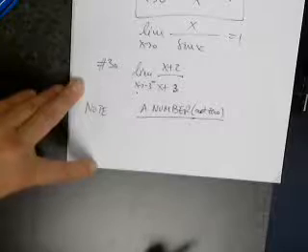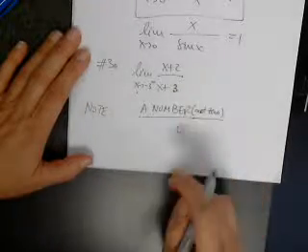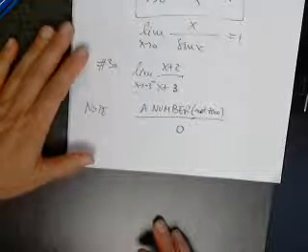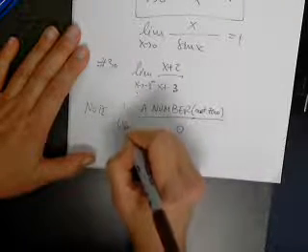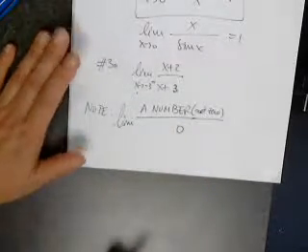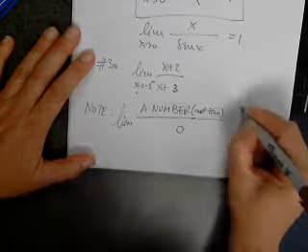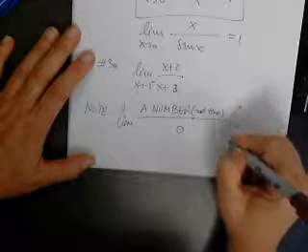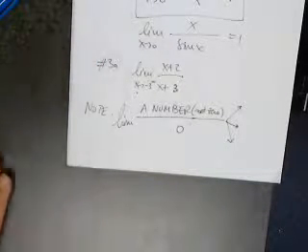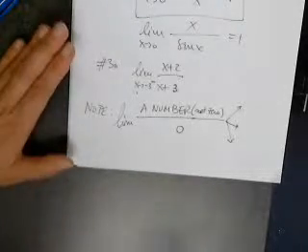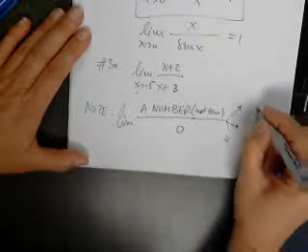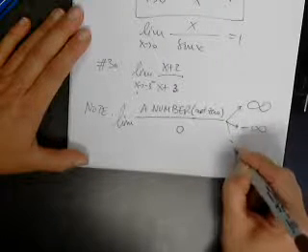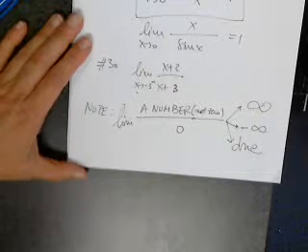Any number, but not 0, divided by 0, and put the limit in front of it, in other words, has 3 possibilities as the answer. So if I try to find the limit of a function that is a number over 0, I have 3 possibilities: infinity, negative infinity, or DNE.